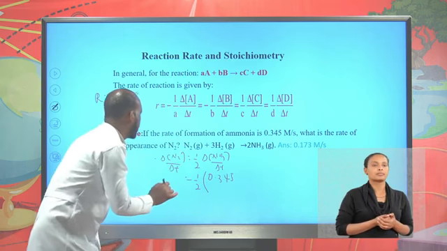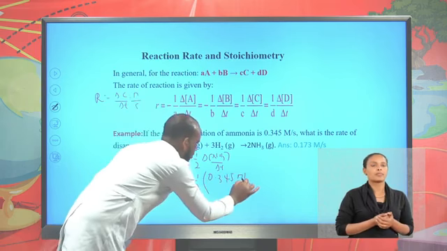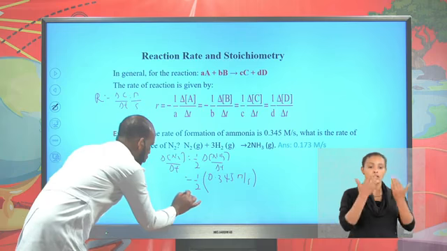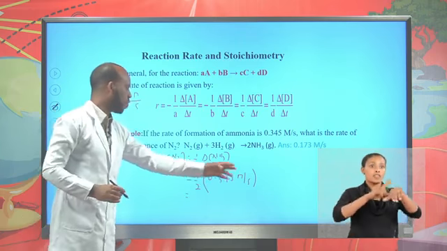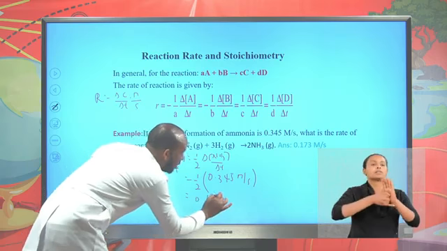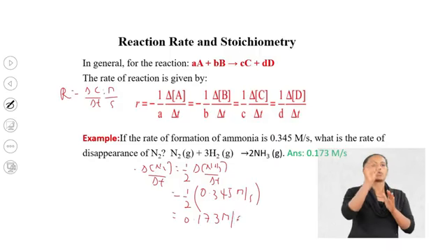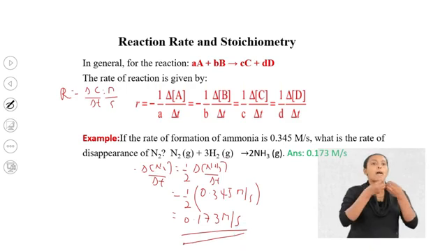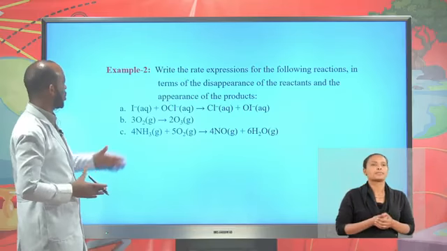Half times 0.345 is 0.173 molar per second. This is the rate of disappearance of nitrogen.